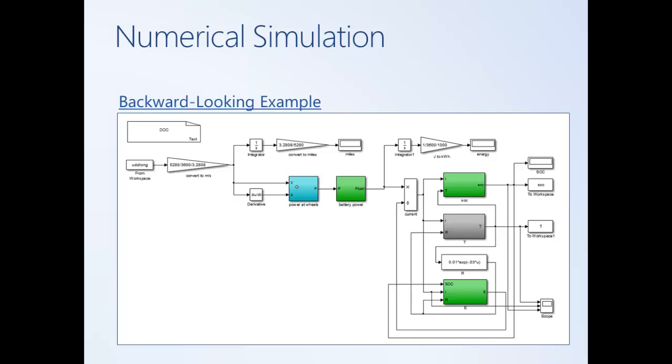And then this velocity is supplied to this block, and it's differentiated to get an acceleration. It's presumed that the vehicle is meeting these exact velocity and accelerations as provided by the drive schedule. So what's the power generated at the wheels in order to supply this level of acceleration and velocity?